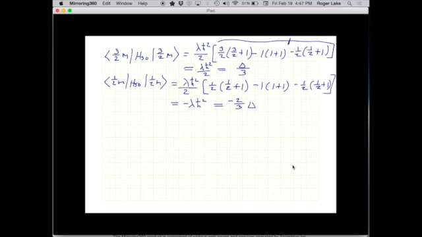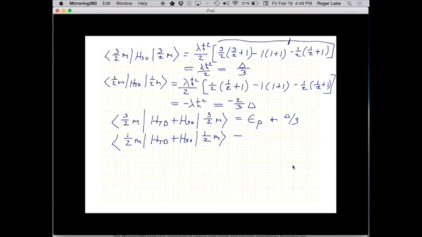For any 3/2 state, with the total Hamiltonian H tight binding plus HSO, that's just epsilon p plus delta over 3, I guess, right?